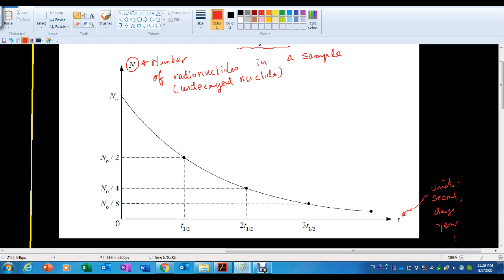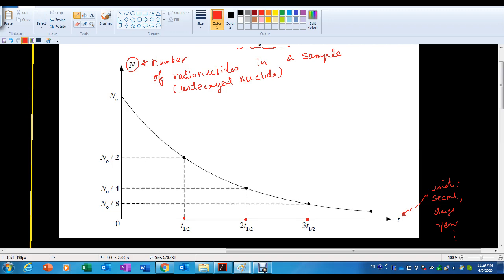As long as it's a unit of time and it's in proper scale, you'll be okay. Generally, on the time axis, we will see some equally separated half-lives. For example, T1/2 means the first half-life, this means the second half-life, and that means the third half-life.